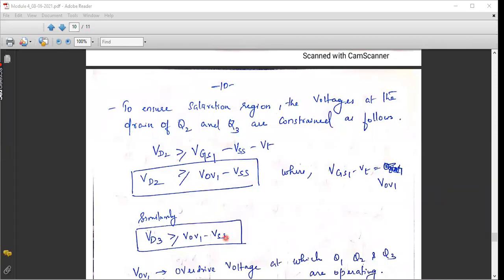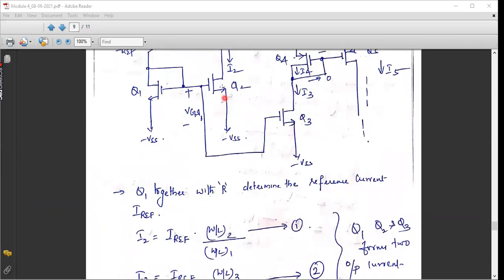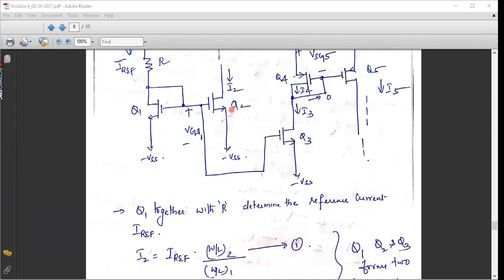Okay. Therefore, the two transistors Q2 and Q3 are now operated in the saturation region. Therefore, we will be getting proper currents I2 and I3 in terms of IREF. That is, current steering will work properly as far as the three transistors are concerned.